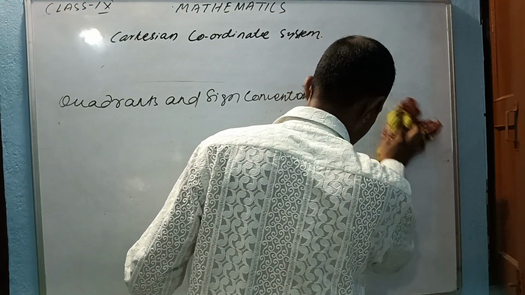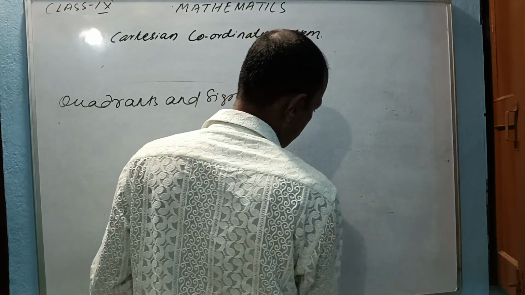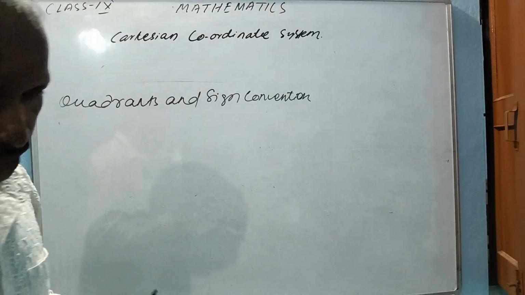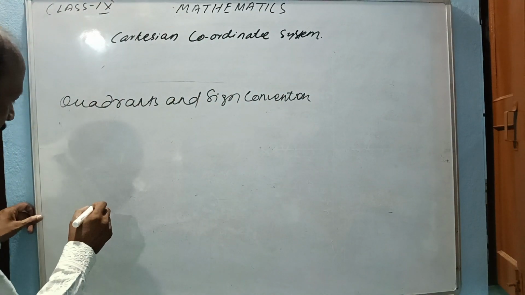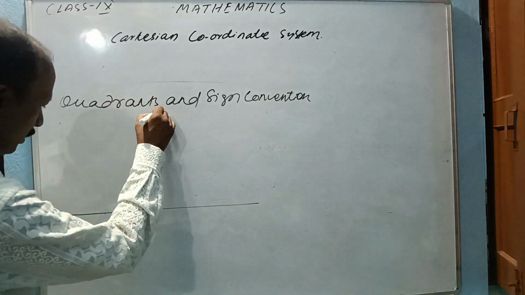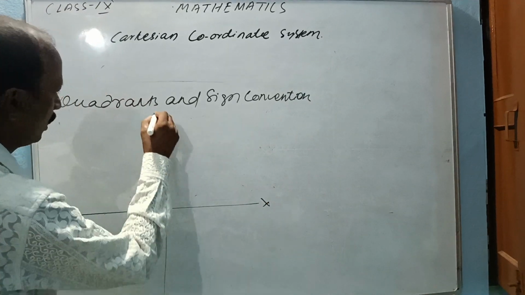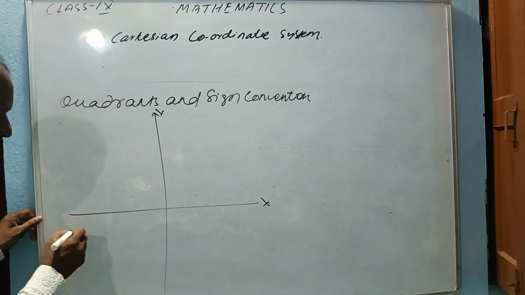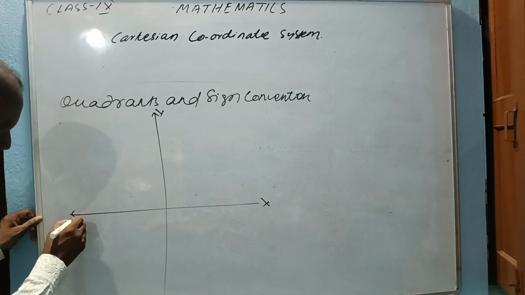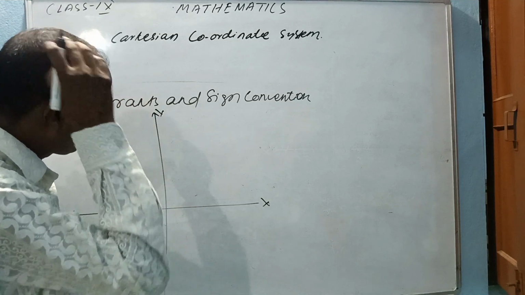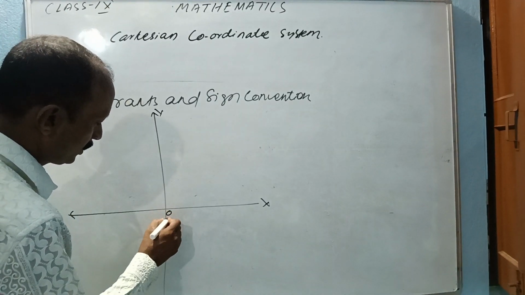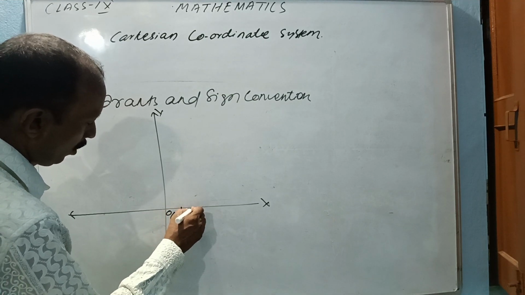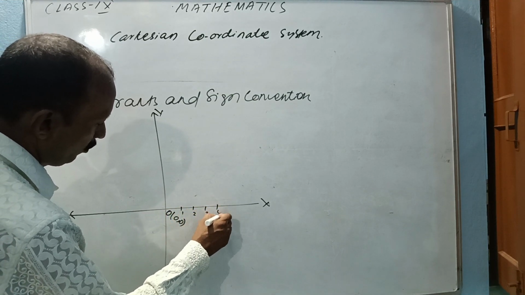Once again I am drawing this to explain the quadrants. Quadrant means the plane divided by the x-axis and y-axis into 4 equal parts. Each part is a quadrant. This is a number line. This is the origin. Its coordinate is 0, 0, 1, 2, 3, 4, like that.